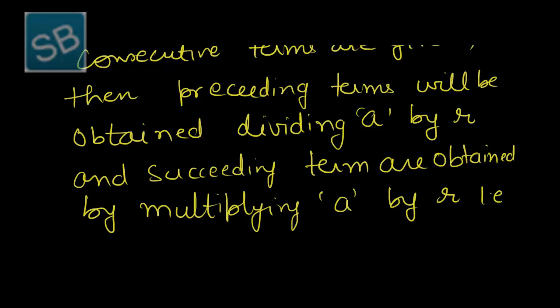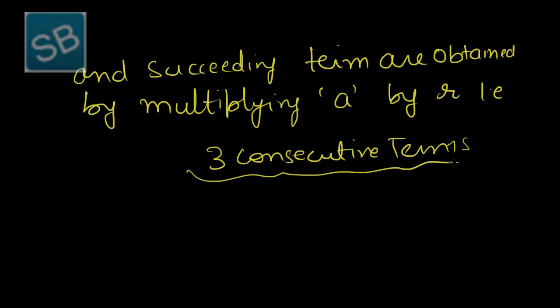That is, if we are talking about 3 consecutive terms of GP, then the middle term is A, the succeeding term is multiplied by R, and the preceding term is divided by R. So these are 3 consecutive terms.